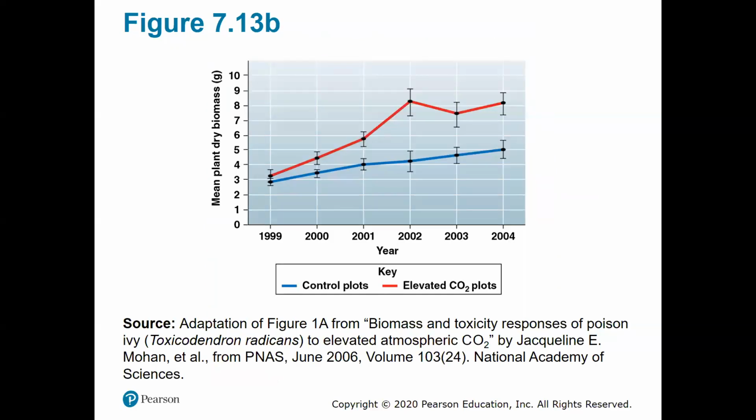So this is just showing you that, yes, if carbon dioxide is needed for photosynthesis, if you increase carbon dioxide, then you also increase plant mass over time. However, this can have a negative effect in different ways.